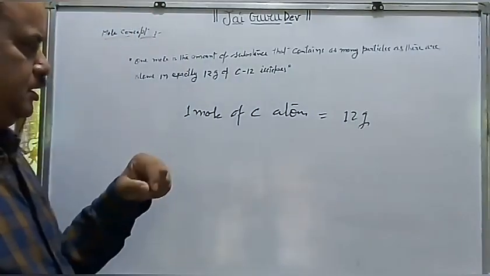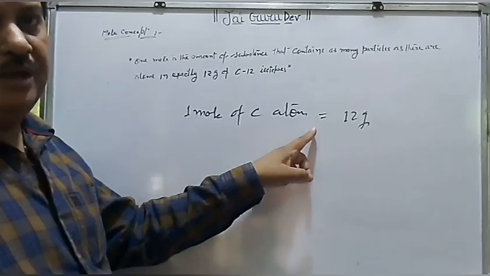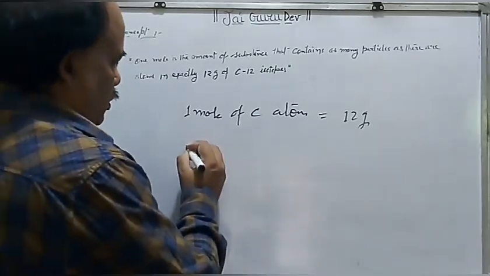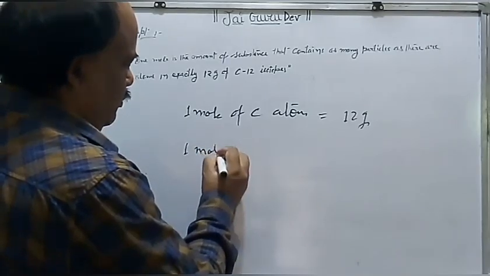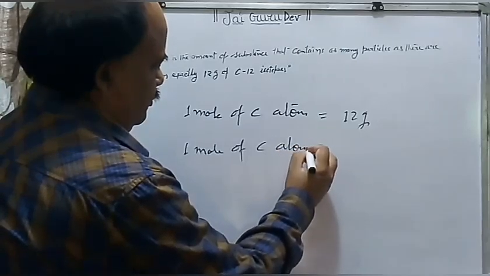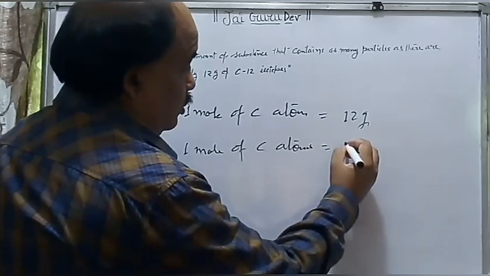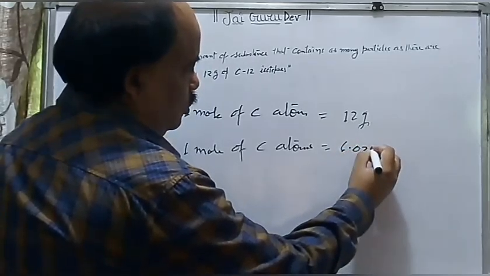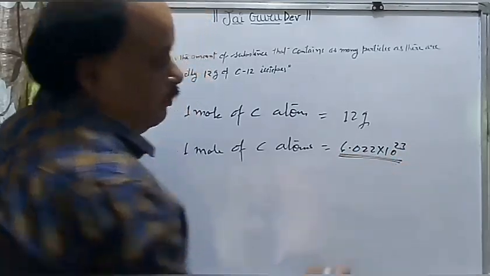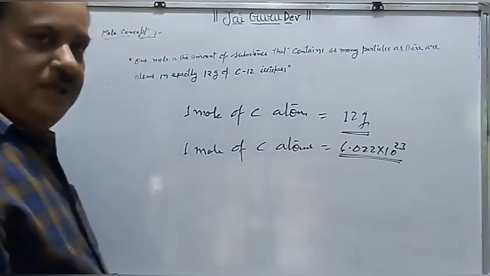So the mass is fixed. 1 mole of oxygen atoms equals 16 gram. 1 mole of nitrogen atoms equals 15 gram. 1 mole of carbon atoms equals 6.022 into 10 to the power 23. The number is also fixed. Mass is fixed.